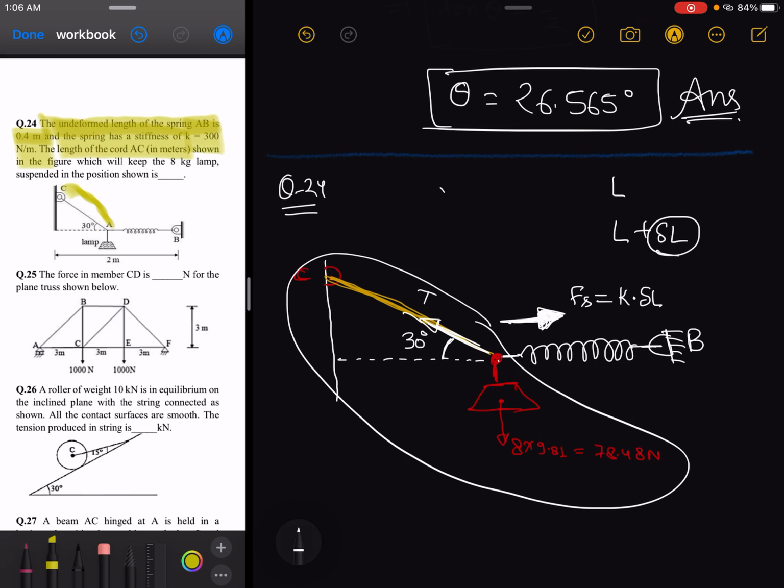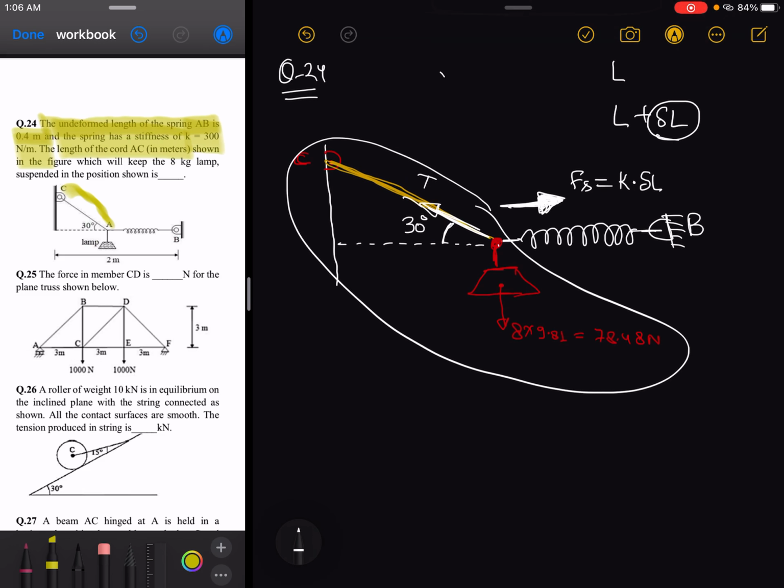So if I want to draw a free body diagram, here this is the lamp, and on this lamp the spring force, that is K into delta L, will be acting, and here this is the weight of the lamp, which is 78.48 Newton, and in this direction a tension force will be acting like this, and this angle is 30°.